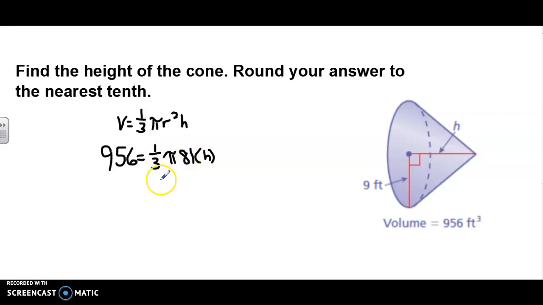So 1/3 times 81 is actually 27. So it's 27 pi h is equal to 956. At this step, we're going to divide both sides by 27 pi.